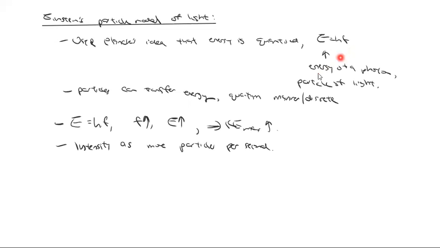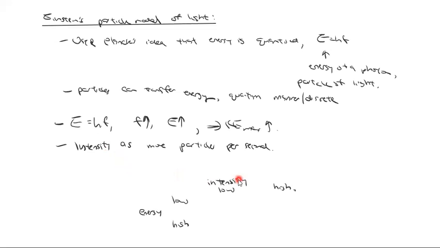Think of it like ping pong balls, right? If I have a small number of ping pong balls versus a large number of ping pong balls, a small number of ping pong balls is low intensity. A high number of ping pong balls is high intensity. But intensity is different to energy. So we've got low energy and high energy, and we've got low intensity and high intensity.